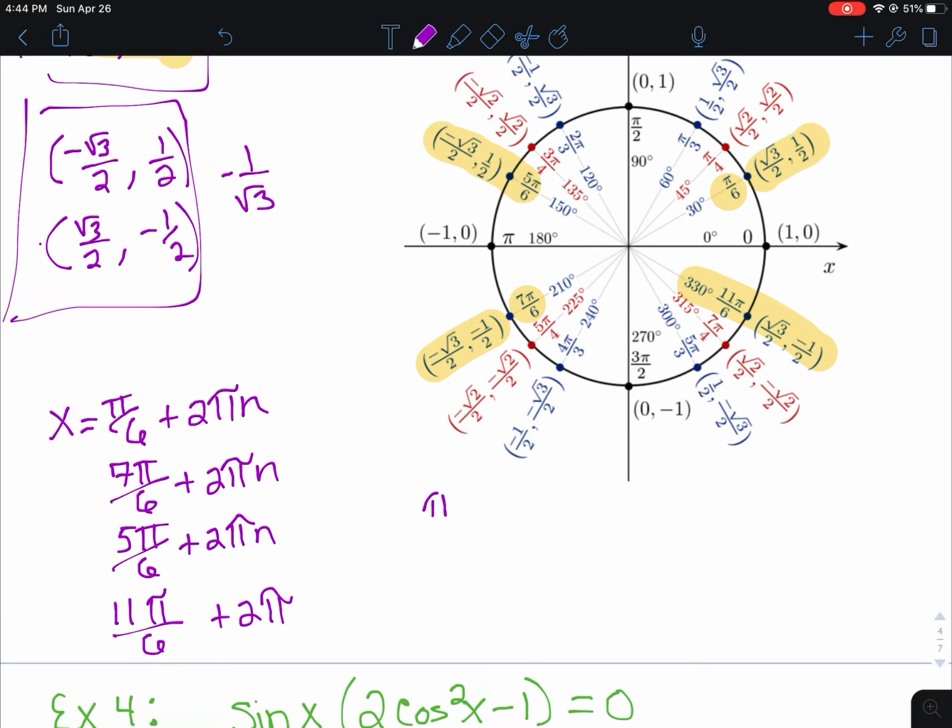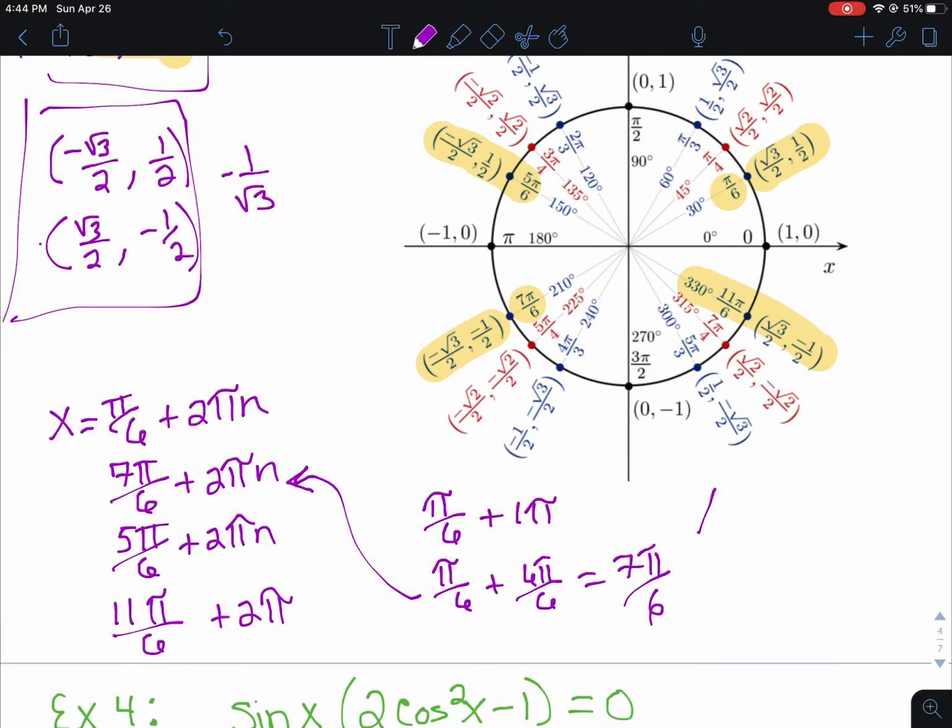So maybe we could think about if I took just pi over 6 and I added on 1 pi, well, that would be pi over 6 plus 6 pi over 6, which is 7 pi over 6. Well, that gives us this second angle here, right? Same thing if I did 5 pi over 6 and I added 1 pi, then I would get 11 pi over 6.